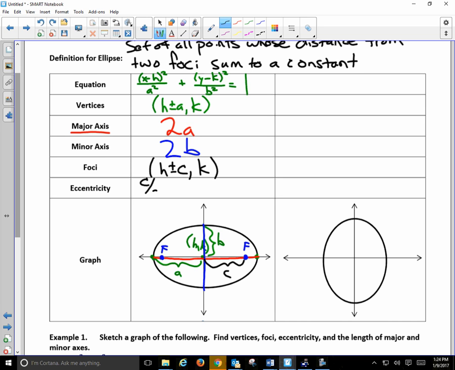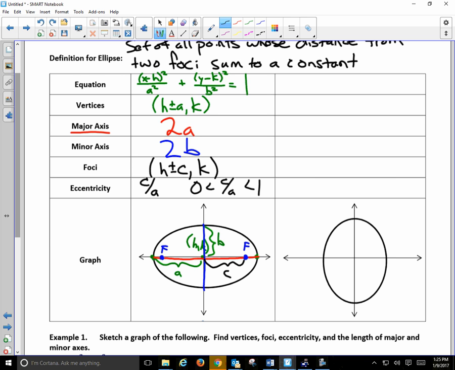You take c and divide it by a. When you measure the eccentricity, it will always be a number between 0 and 1. The closer the eccentricity is to 1, right?